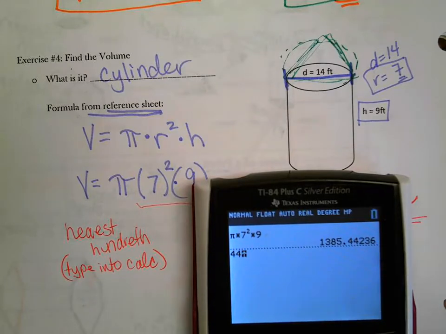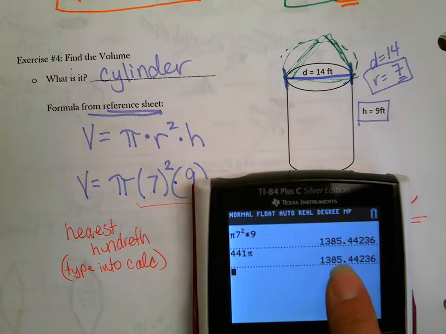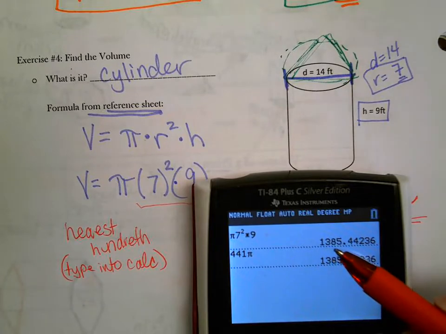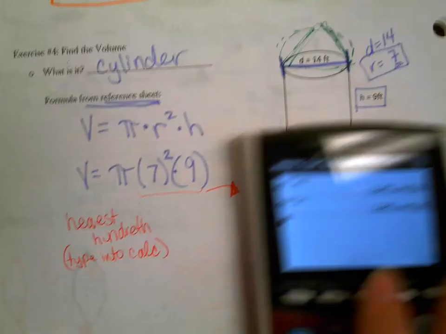Now my other answer I just had was 441 pi. Pi 7 squared times 9 and 441 pi mean the same thing. They're equivalent answers. It's just two different ways to format it. Okay? So rounded to the nearest hundredth, I'm going to go 1,385.44.